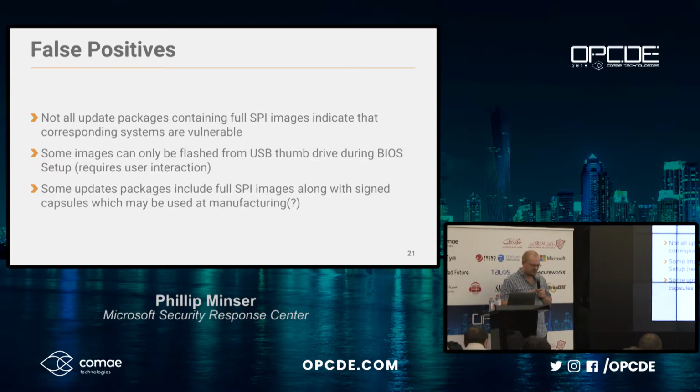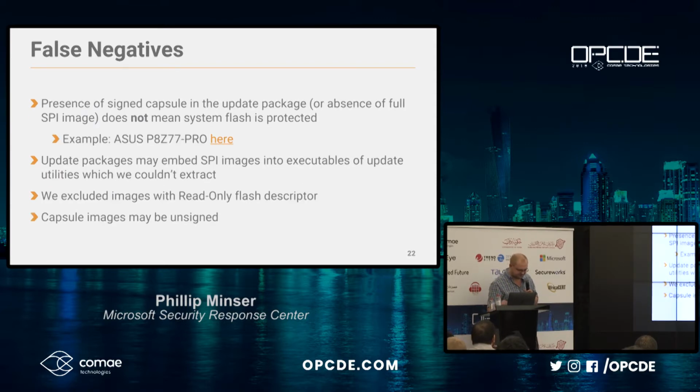Another one is that even if you detect an SPI image with these characteristics, the update mechanism may skip the SPI descriptor altogether. This is the way some vendors implement it. They deliver an update, but during the update they just skip part of the image. They know that it was already flashed during the manufacturing phase and do not do it again in the next steps.